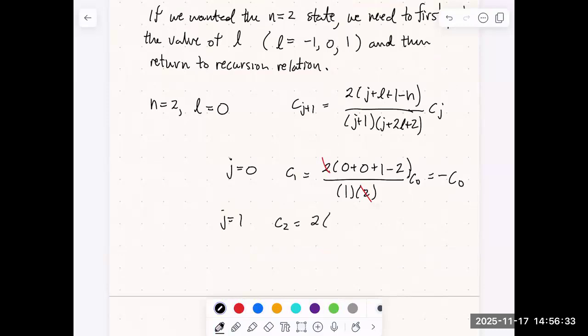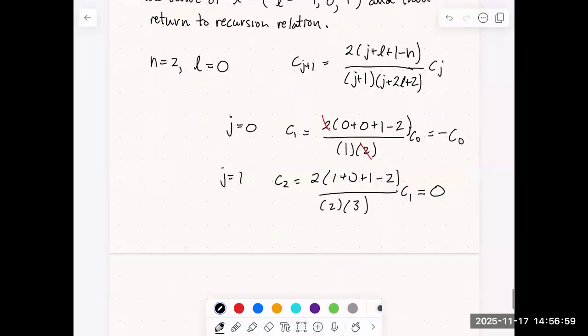It's going to be 2, and then j equals 1 plus L equals 0 plus 1 minus 2. Okay, so we can already see that, so this is 3. This is going to be C1. We can already see that the numerator, 1 plus 1 minus 2, is going to be 0. And so this is 0.